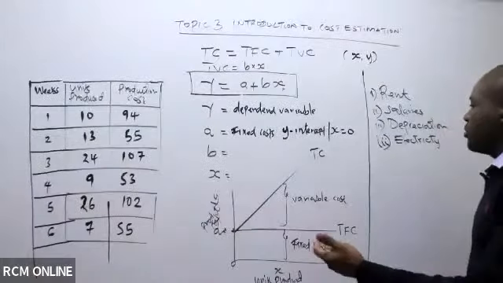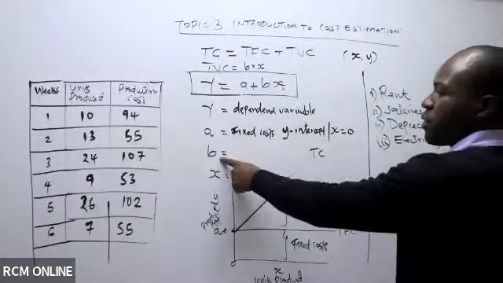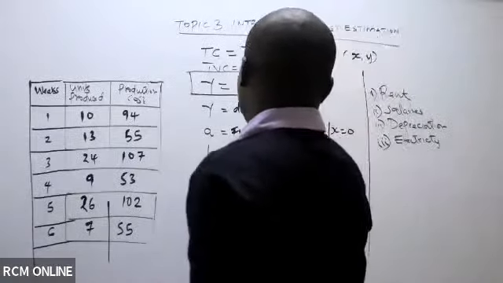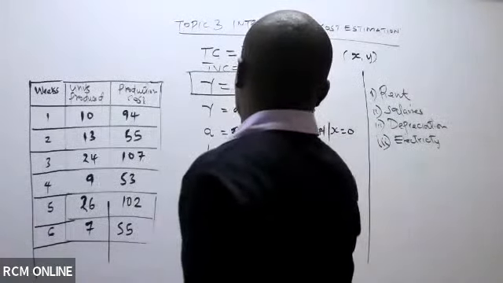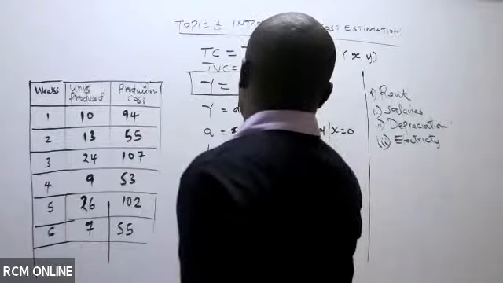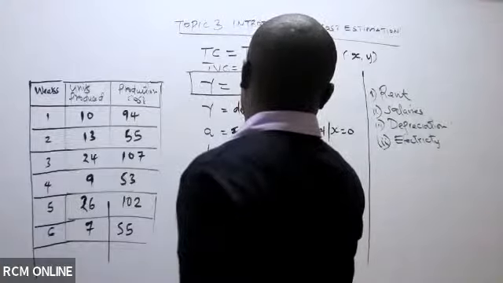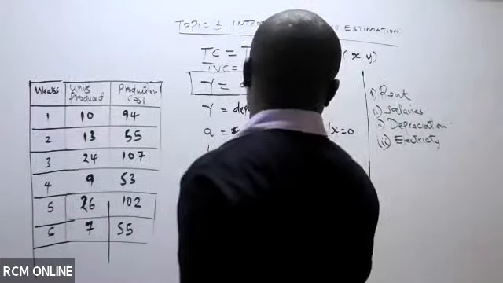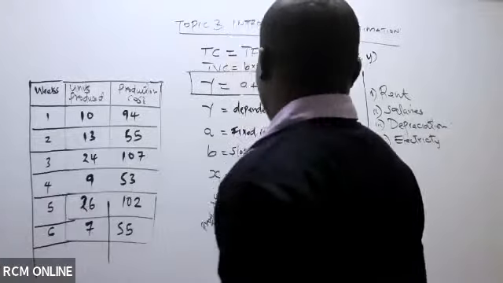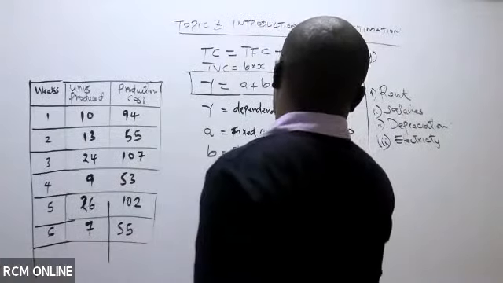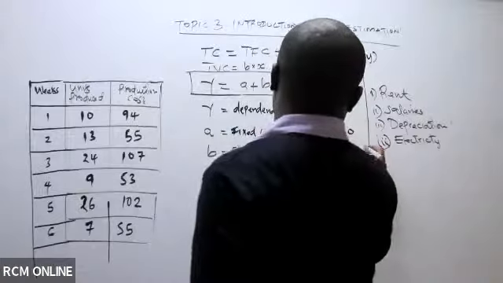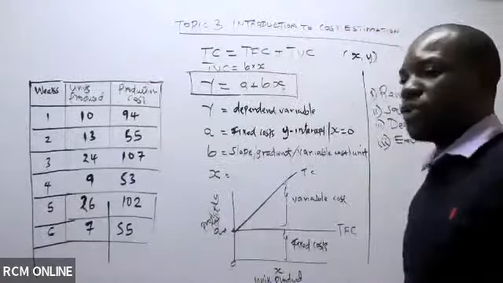Good. Now, how will we be able to get this B? What is this B? B is what we call slope, or gradient, of the curve. But of course, in costing terms, we are calling this variable cost per unit.